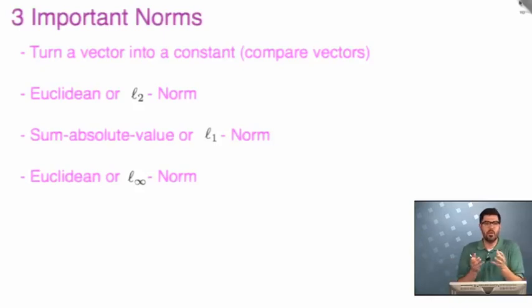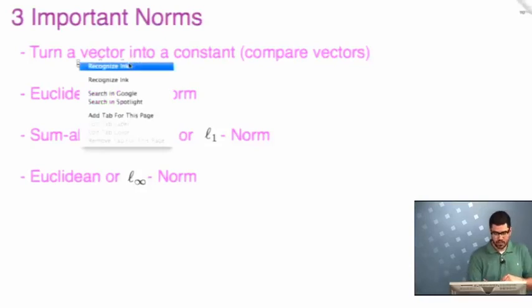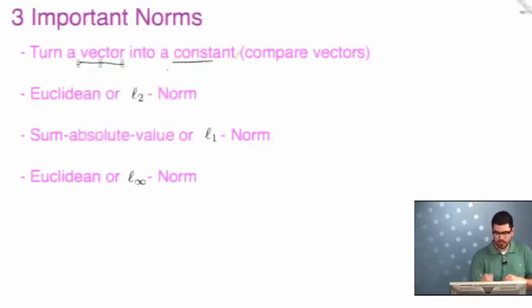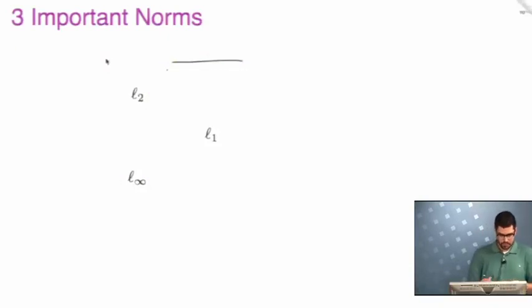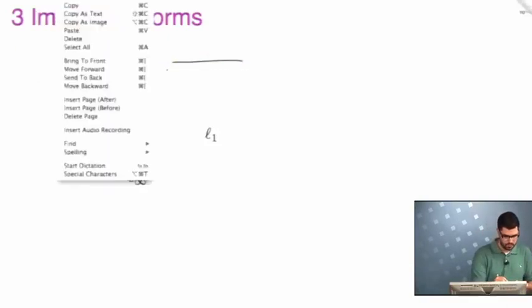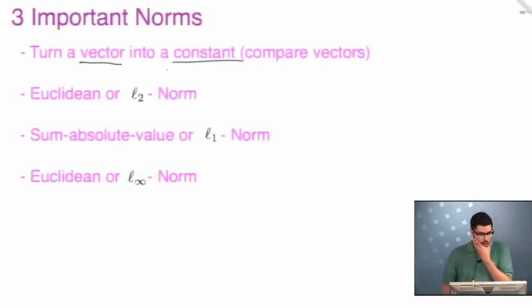We need to be able to compare solutions, especially if there are many solutions, as I said in the previous slide. So what I want to do is turn a vector into a constant. How do I do that? Well, I use these norms.